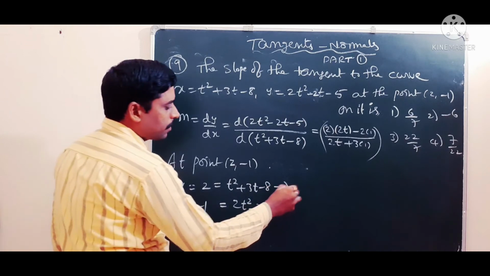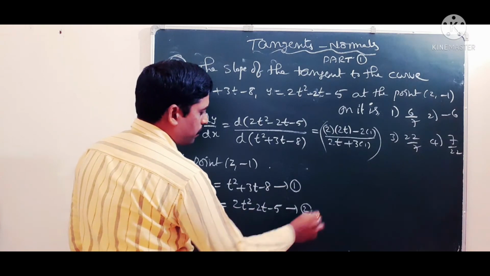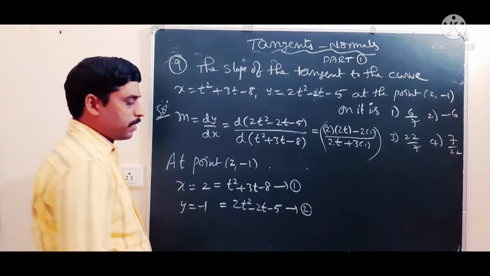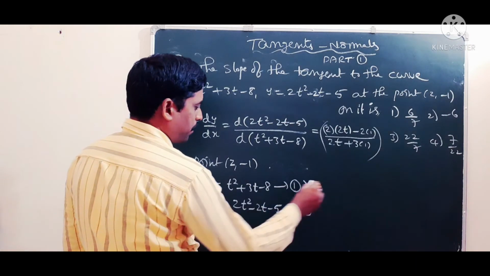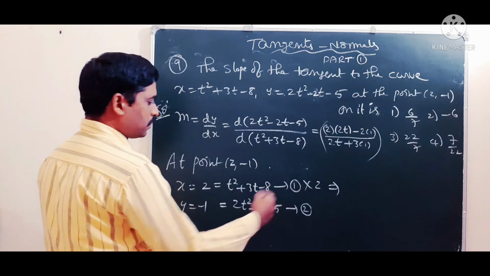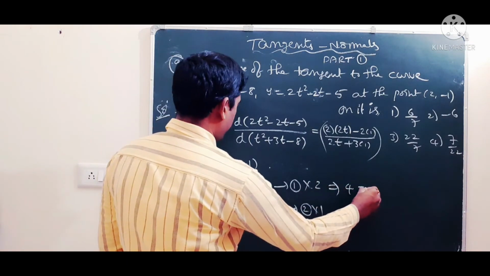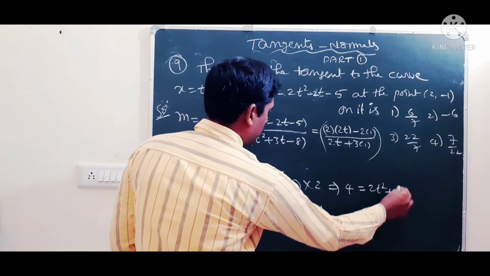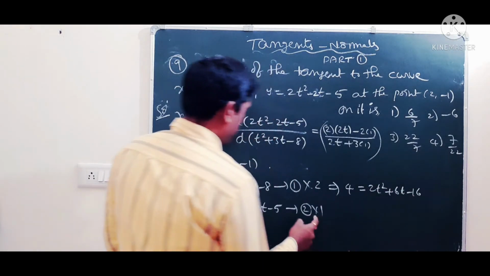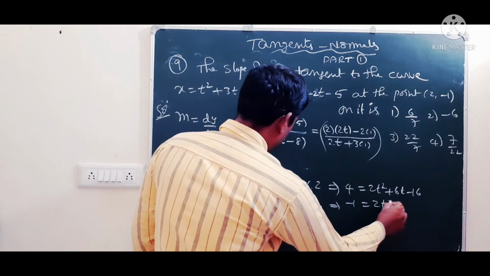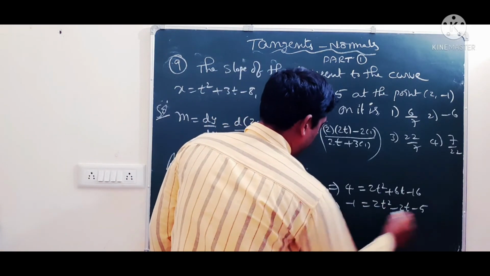Okay, so let us take equation 1 and equation 2. By the elimination method, first we have to find the t value. So the first equation is multiplied by 2 and the second equation multiplied by 1. 4 is equal to 2t² plus 6t minus 16, and this is written as it is: 2t² minus 2t minus 5.